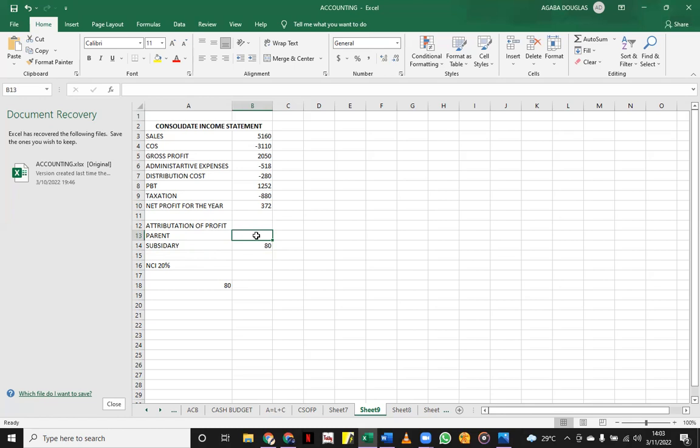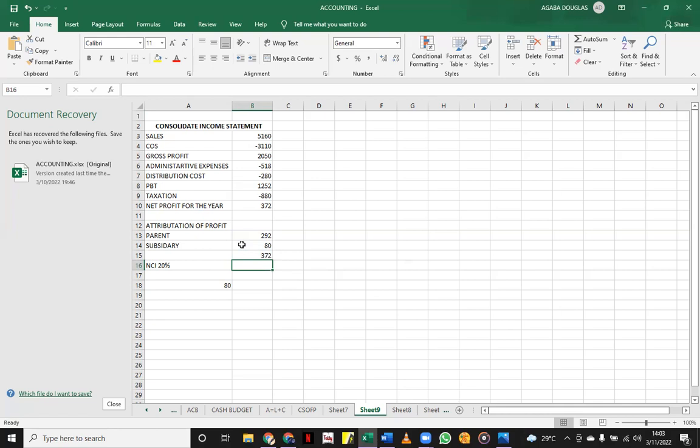It simply means we are going to say this 372 minus what we got as a subsidiary, so that we can get our attributed profit that goes to the parent as 292. And when we add the two, we can clearly see that we are getting our profit for the year, which is 372.